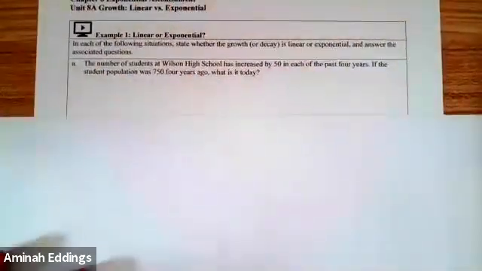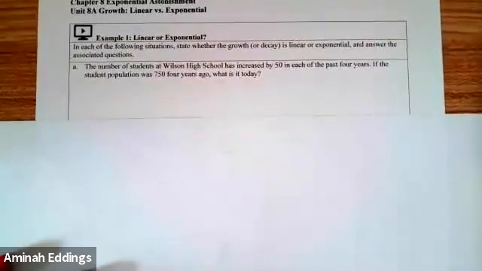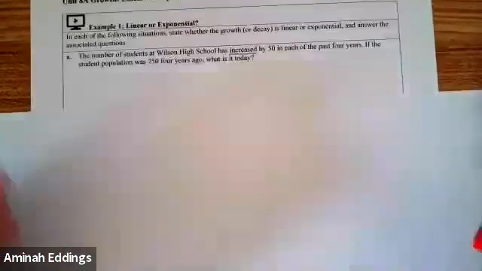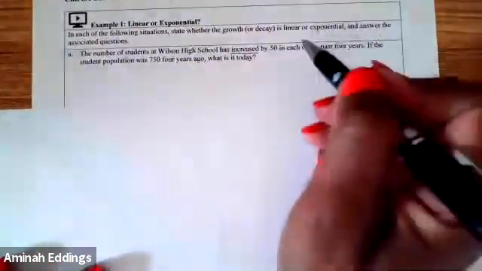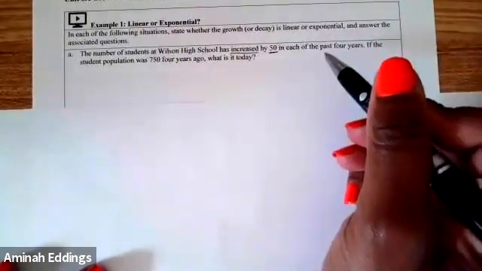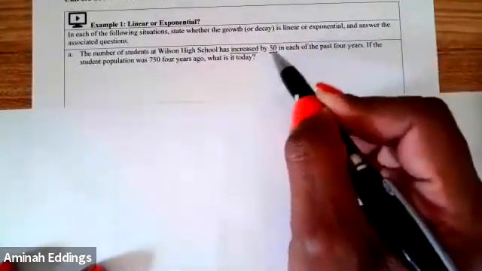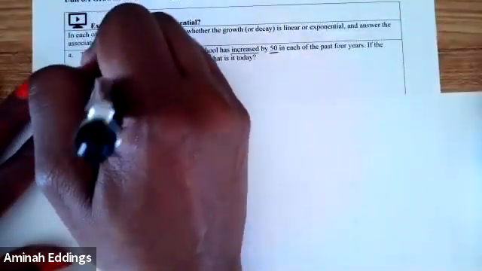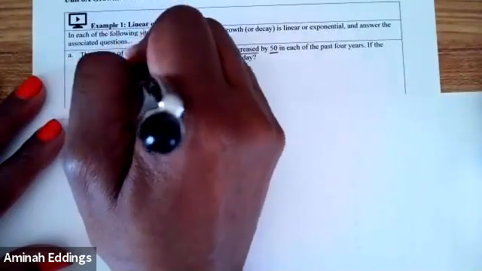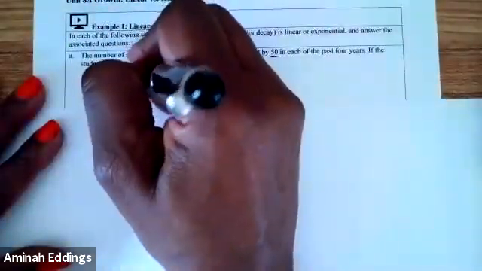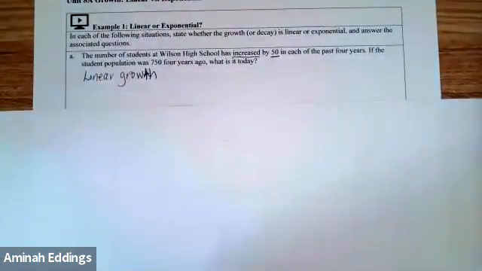Okay, let's think about how it's increasing or decreasing. So first of all, we see increase. So that tells us it's going to be growth. It says it's increasing by 50. Okay, that's not a percent. So because it is an absolute number, that tells us we are going to have linear growth. If it was a percentage, then it would be exponential. Okay.